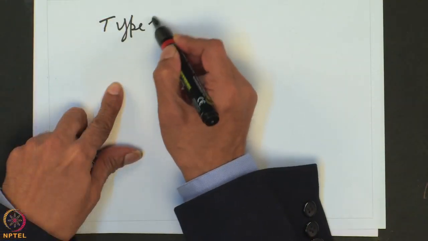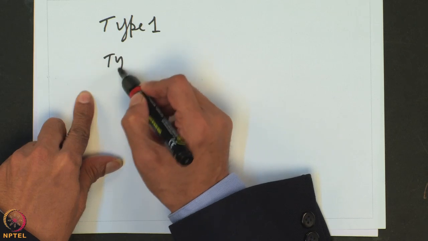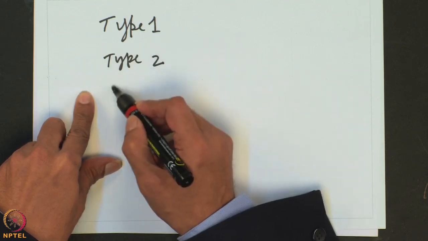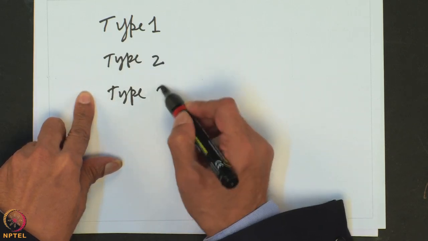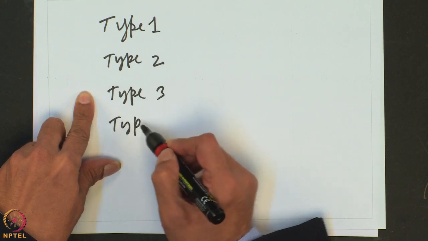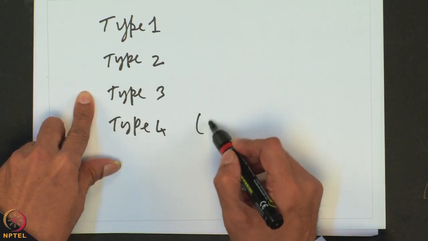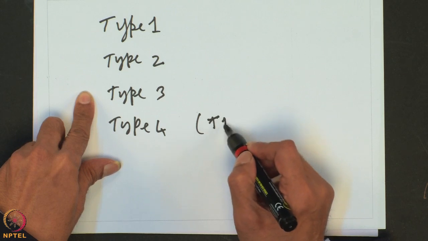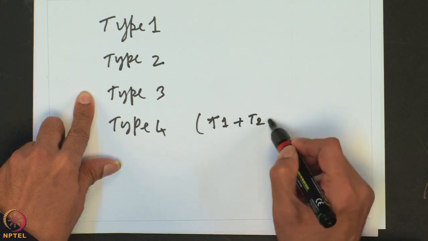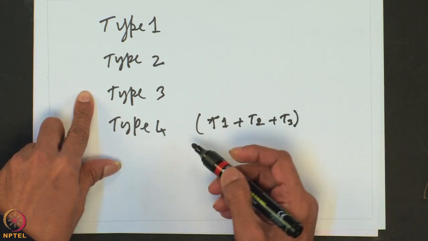In the previous class I talked to you about a few aspects of copper proteins, which are categorized as type 1, type 2, and type 3, and type 4 where T1 plus T2 plus T3 are all present.